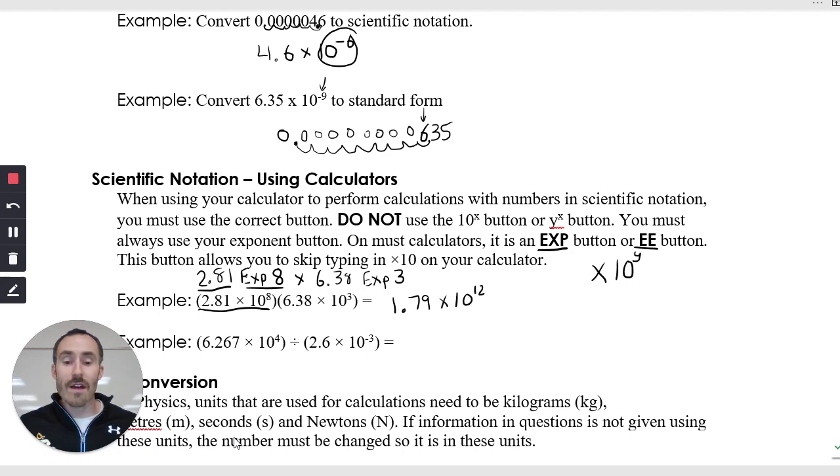So I'd like you to try that yourself, just to make sure that your calculator is actually working the way that you expect it to. Okay, so try it out. See if you can actually type those things in and get 1.79 times 10 to the 12 out the other side. Then, when you do the same thing here, times 10 to the power of 4, divided by this thing times 10 to the negative 3, you should get 2.41 times 10 to the 7.